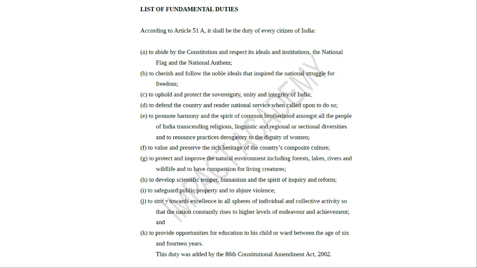Anyway, we are looking at the dignity of women, which is E: to promote harmony and the spirit of common brotherhood among the people of India, transcending religious, linguistic, regional, or sectional diversities, and to renounce practices derogatory to the dignity of women. That is E.